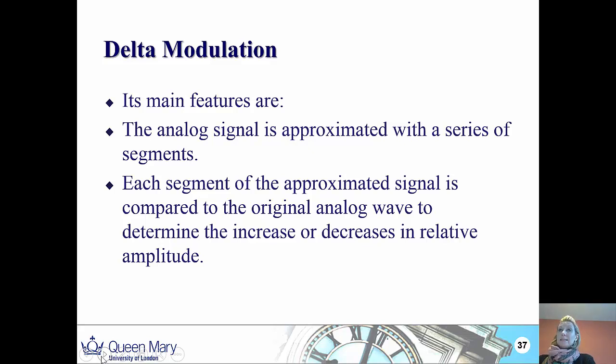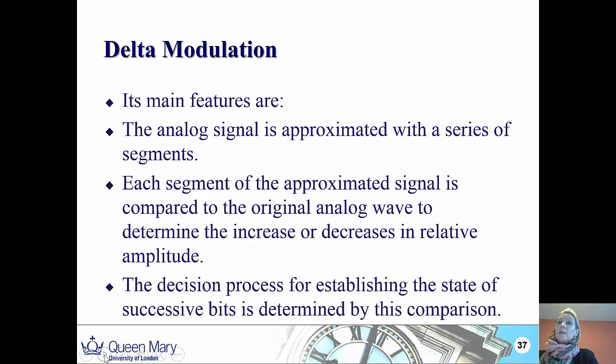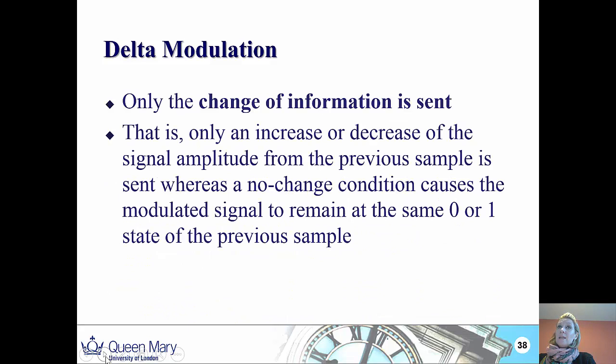So the actual value which is sent is a measurement in relation to the previous value, whether it be an increase or a decrease in relation to the previous value. So the decision process for establishing the state of the bits which are sent is determined by this comparison. It is only the change of information that is sent. So it's a change of information in relation to the previous bit of information that is sent.